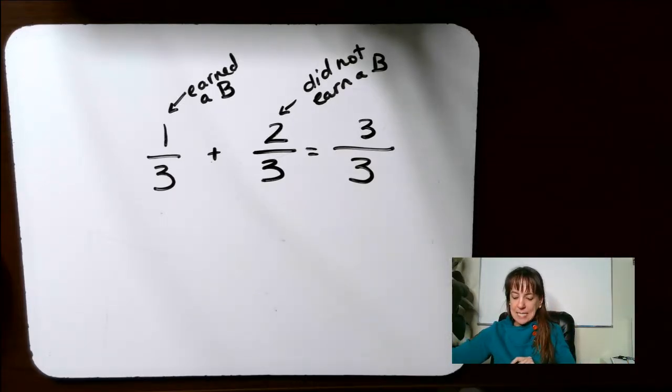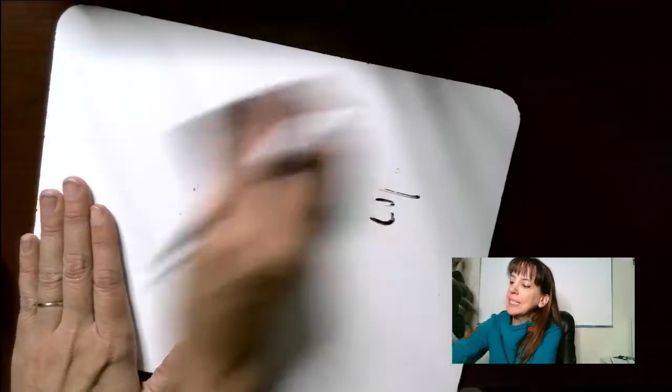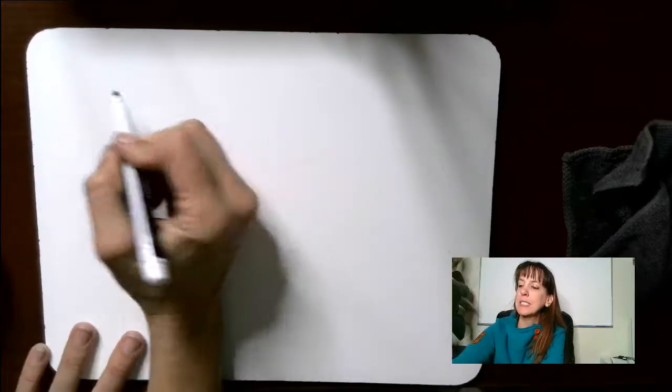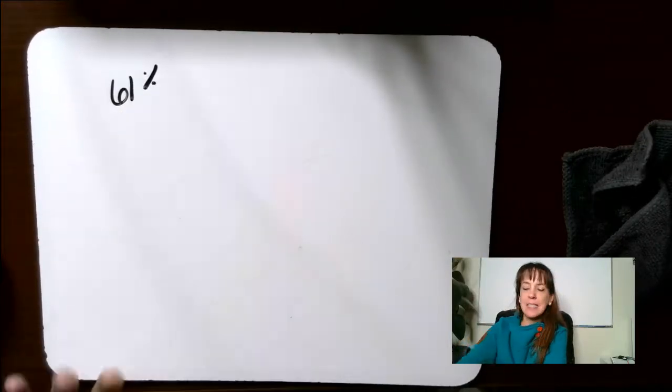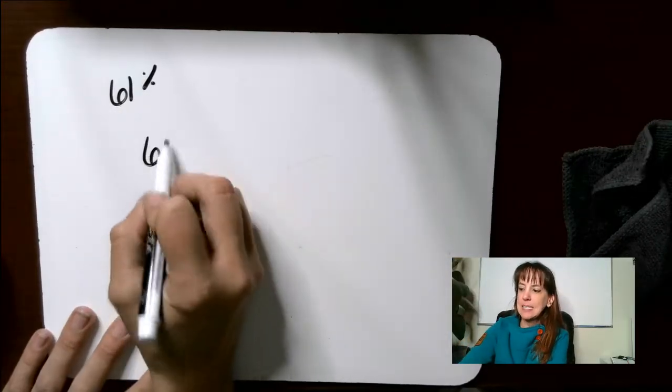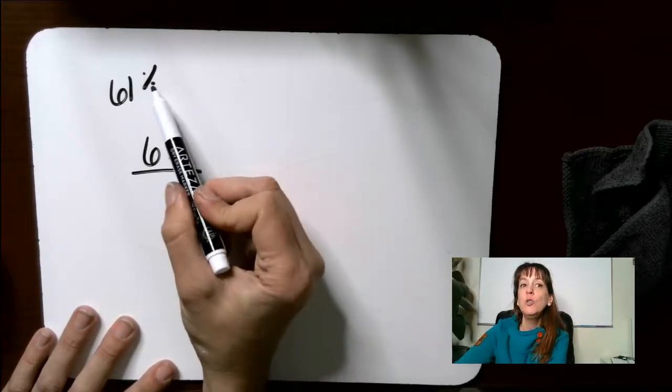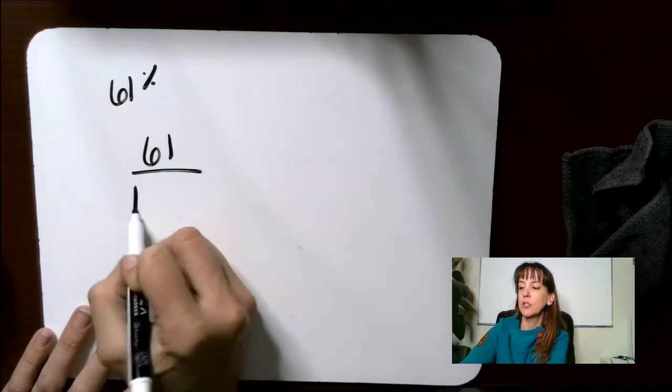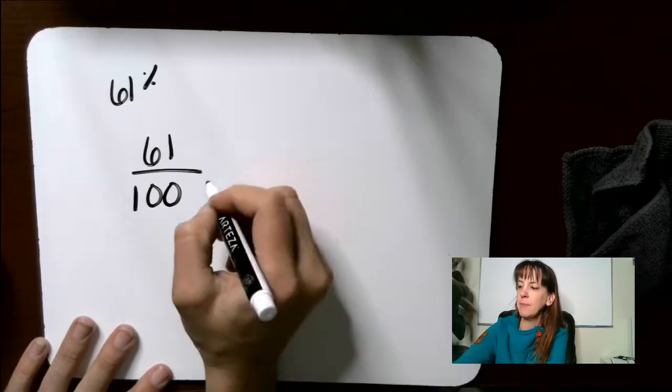Shem was excited that 61% of his answers were correct. What percent were not correct? All right, just a friendly reminder, 61% can be written as 61 over, and there are 2 dots and a percent sign, so there are 2 zeros, okay?